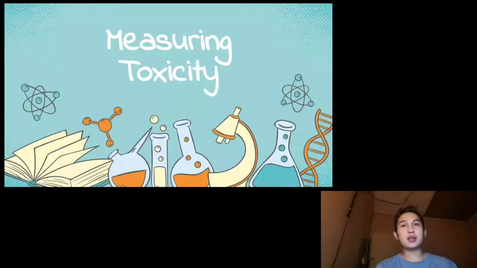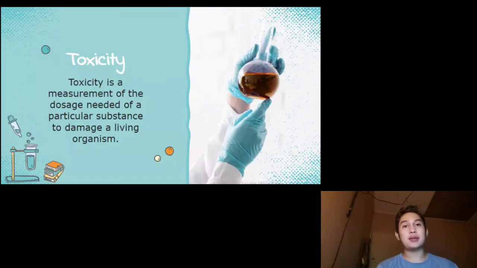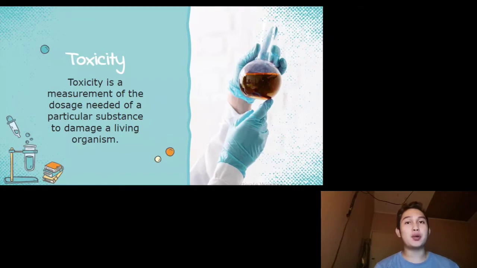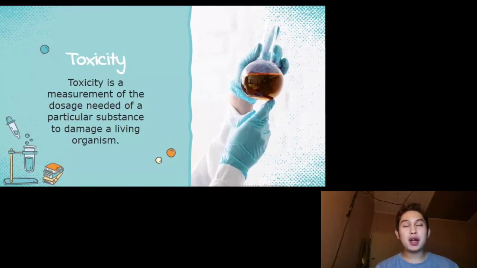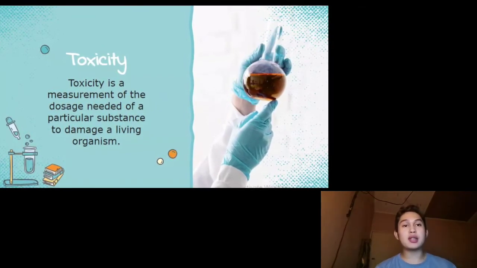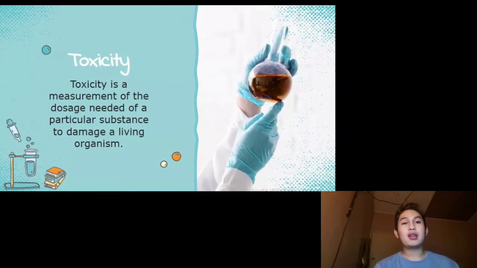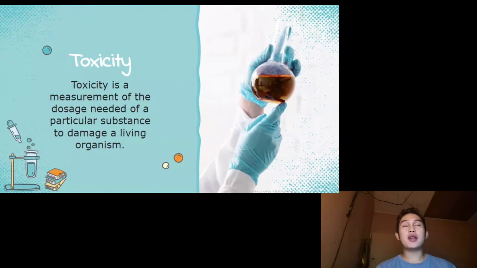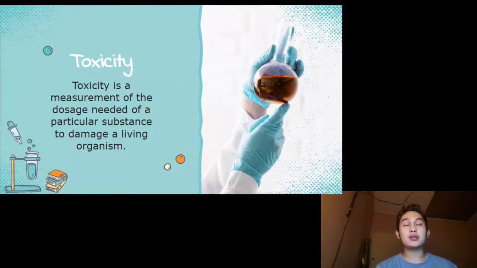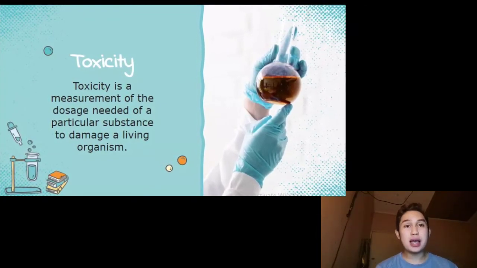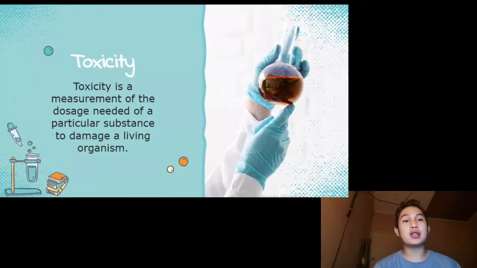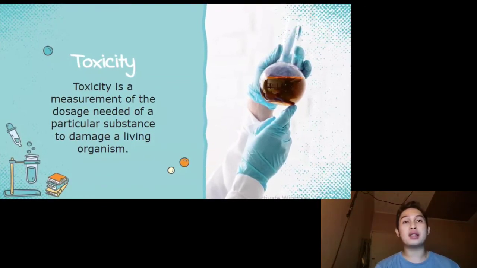Measuring toxicity. So, what is toxicity? It is a substance which becomes toxic at the dose which begins to damage an organism. Let's say, for example, all substances have a certain toxicity. For example, sulfur. Even though there are lots of variations in its effect on different kinds of species, let's take for instance humans.